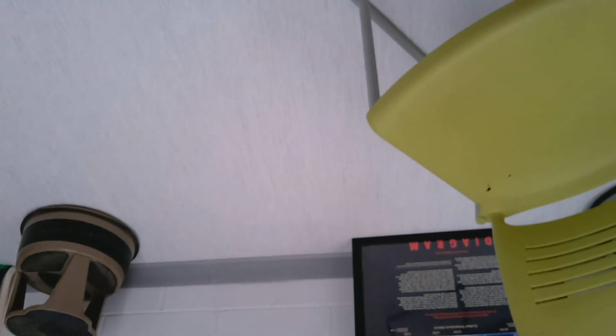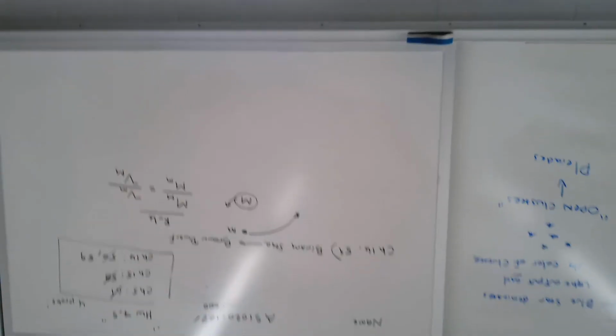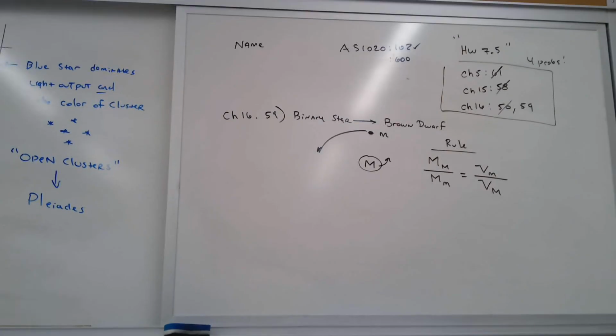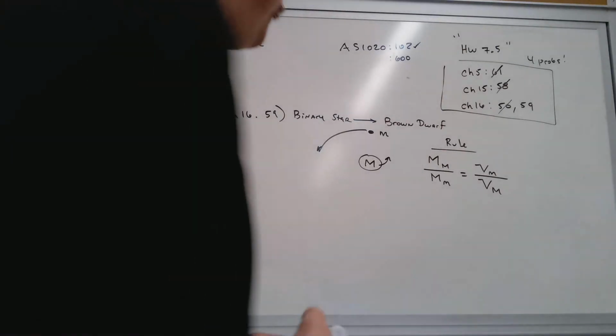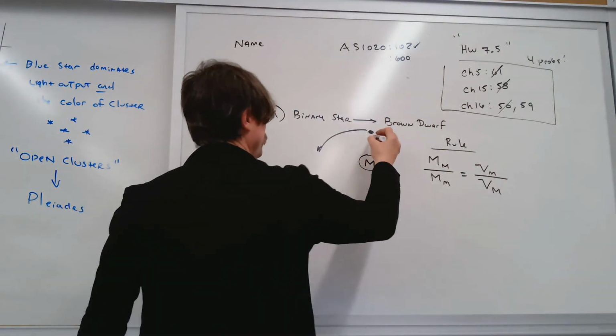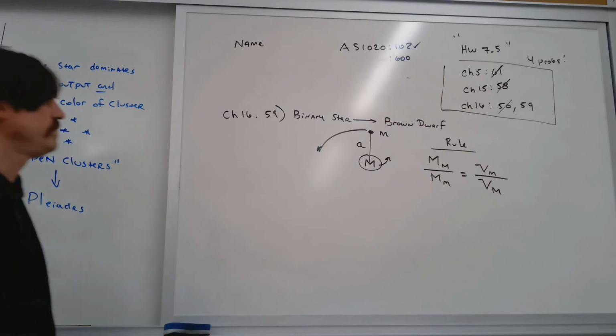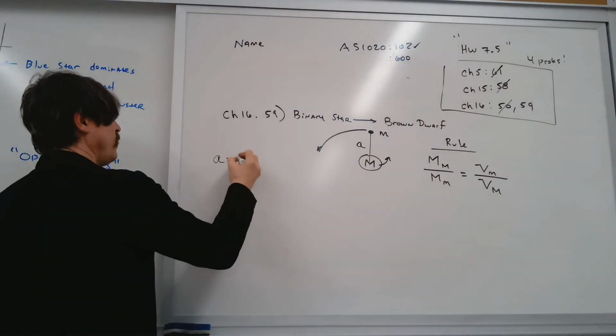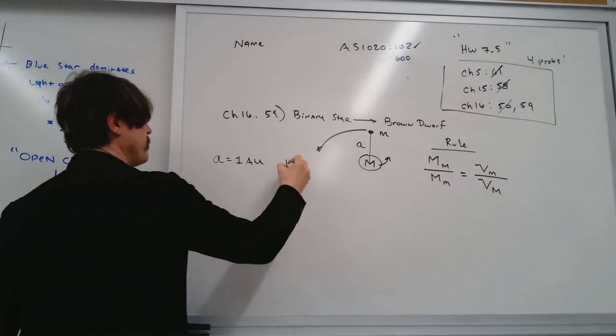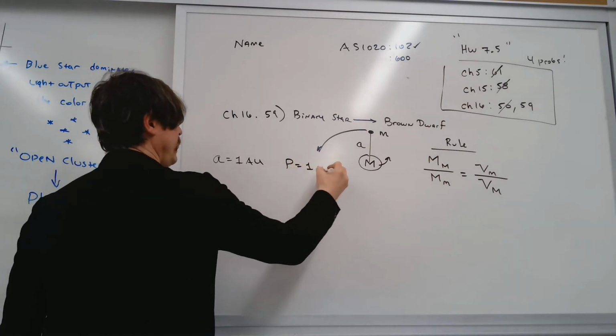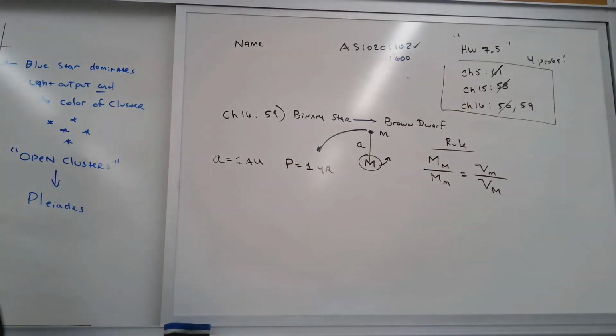Get ready for this. Okay. So if this is A, the radius of orbit, we have a radius of orbit of 1 AU, and we have a period of 1 year.